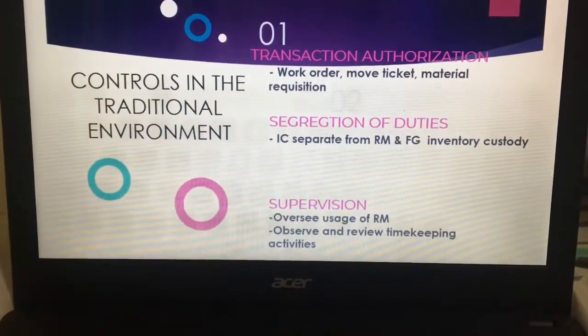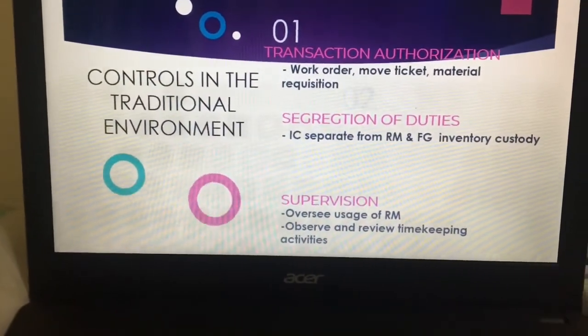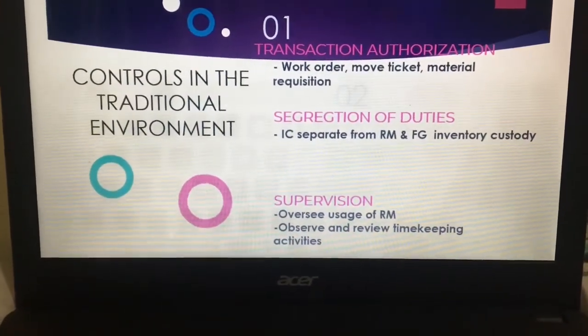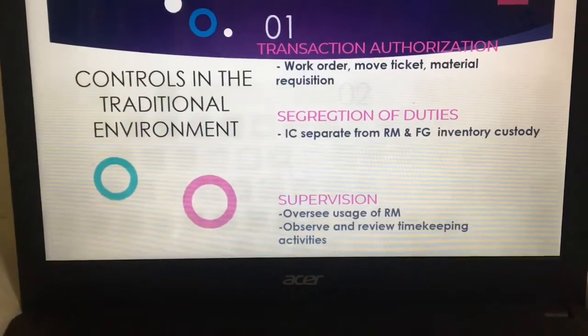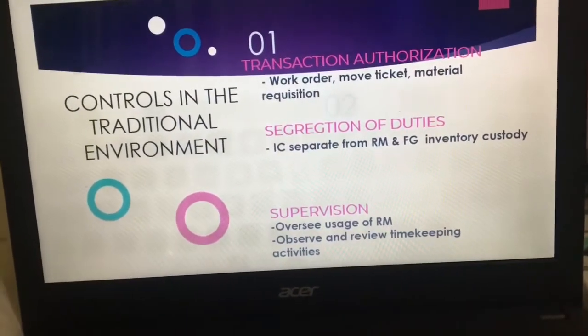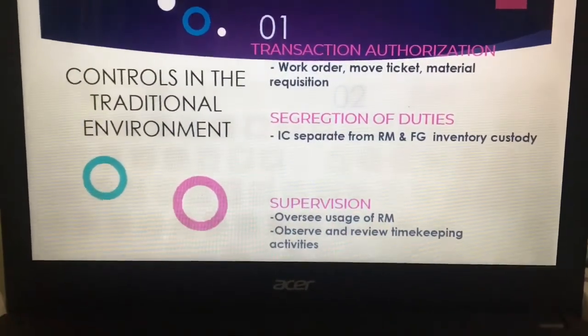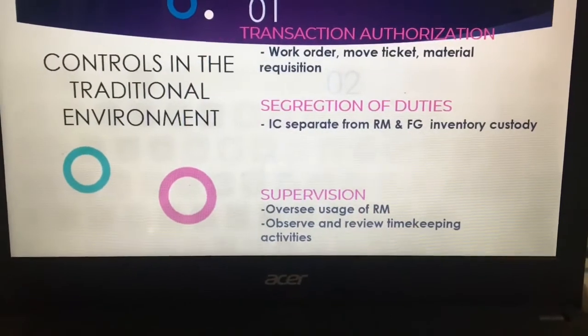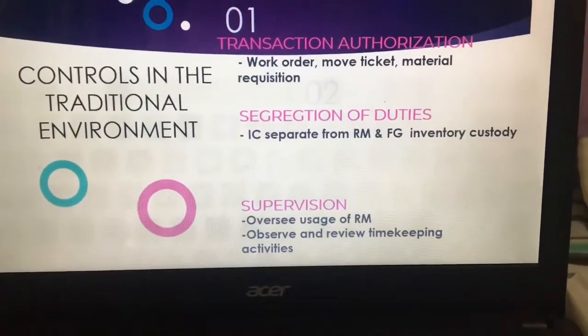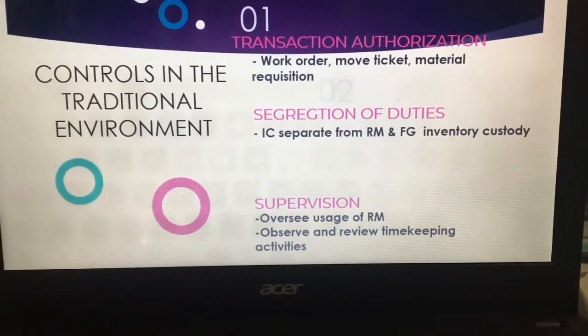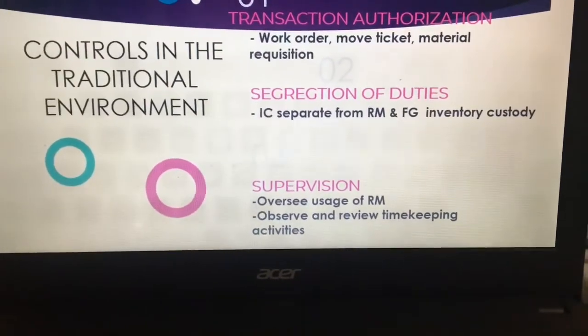The third one is supervision, which is to oversee usage of raw material, and observe and review timekeeping activity. Overseeing usage of raw materials means overseeing the usage of raw material in the production process.